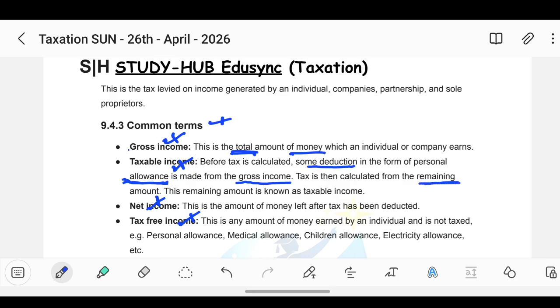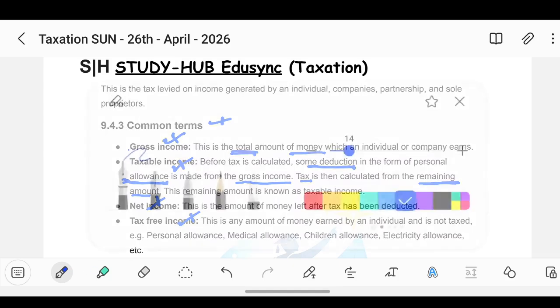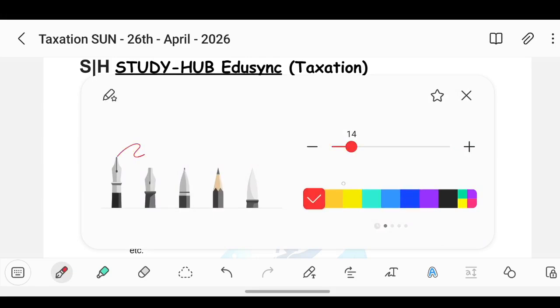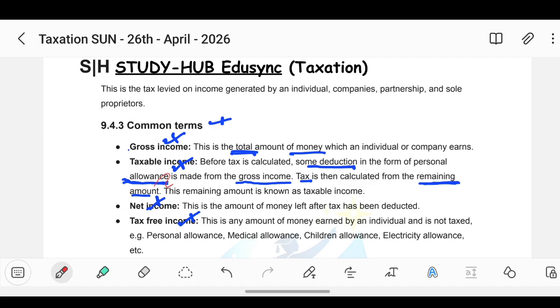Mark those words. Deduction, tax being calculated from the remaining amount. That remaining amount is got after removing the allowances. So after getting the allowances, the remaining amount is what tax is got from.